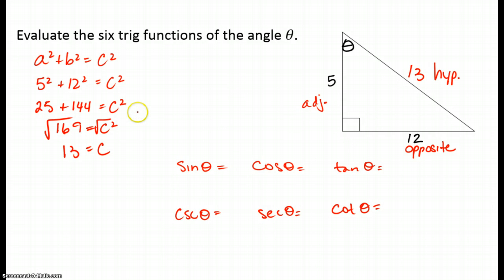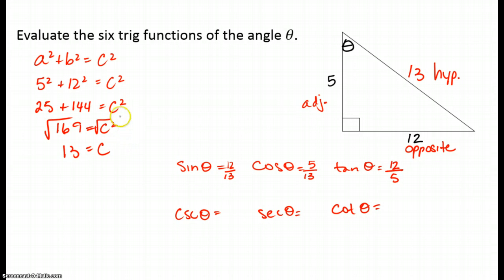So the sine of theta is opposite over hypotenuse, so 12 over 13. Cosine is adjacent over hypotenuse, so 5 over 13. And tangent is opposite over adjacent, so 12 over 5.